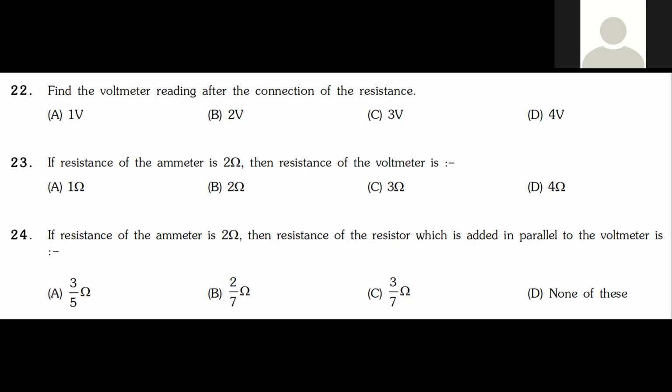Sir, for 23rd the answer is 4, and for 24th it is 2/7. For 23rd, your answer, the resistance of the voltmeter, is coming as 4 ohms. And for 24th, 2/7.